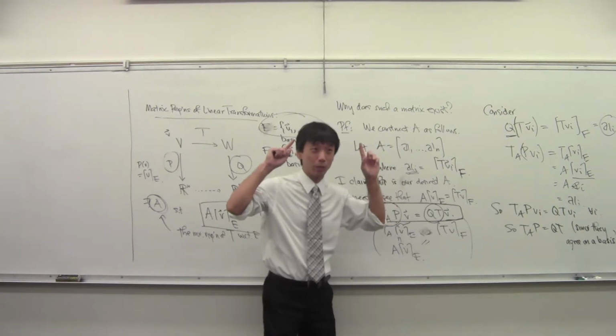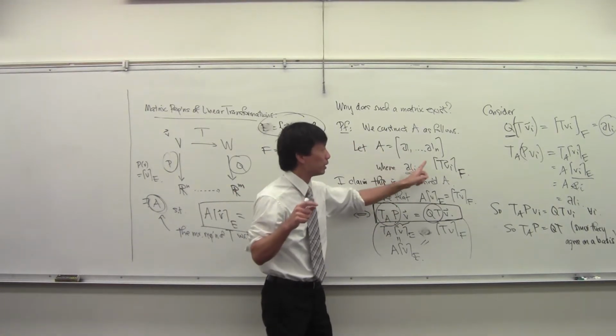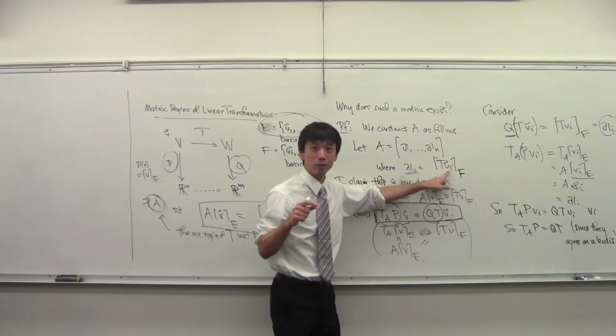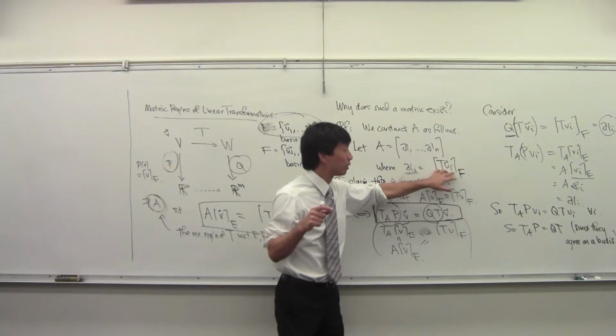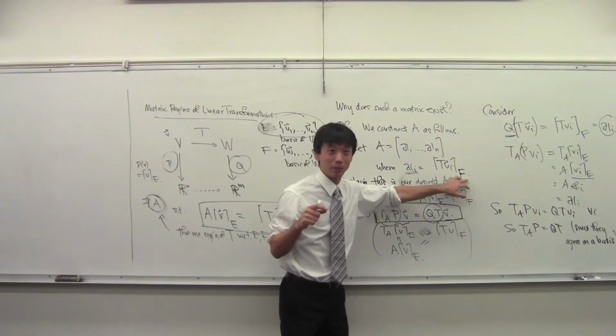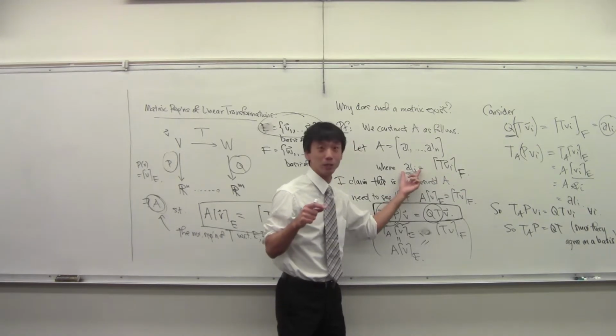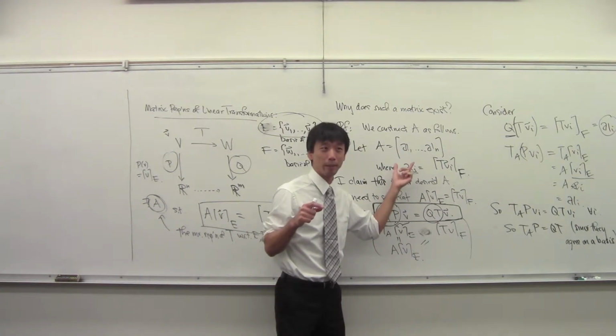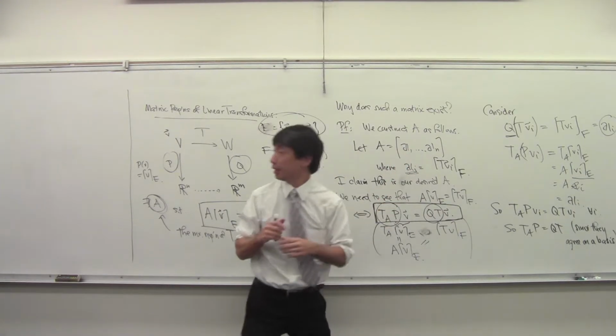So the way you construct the matrix representation, you see, is that you take your E basis, you map it through the linear transformation, and you take its coordinate vector with respect to the F basis, and you use those guys as the columns of your matrix. Okay.